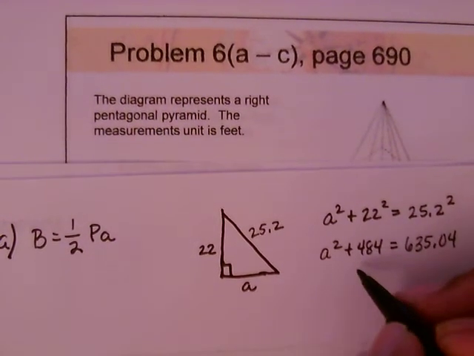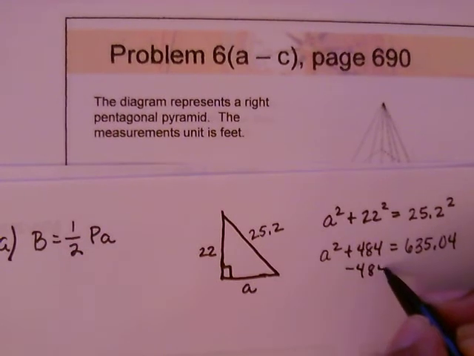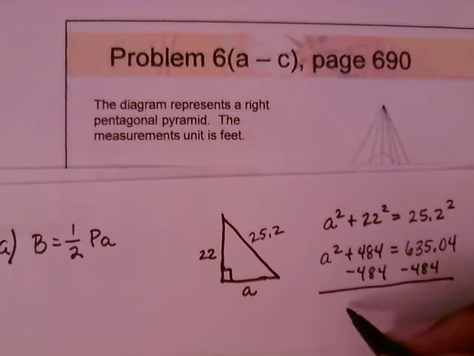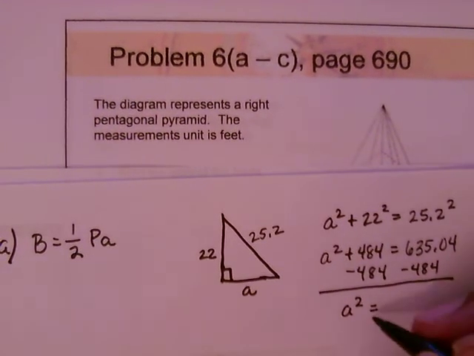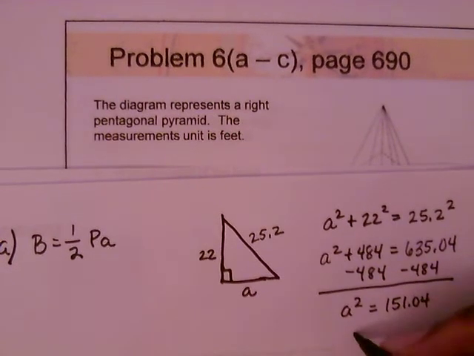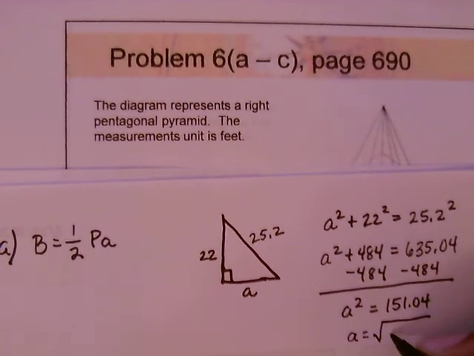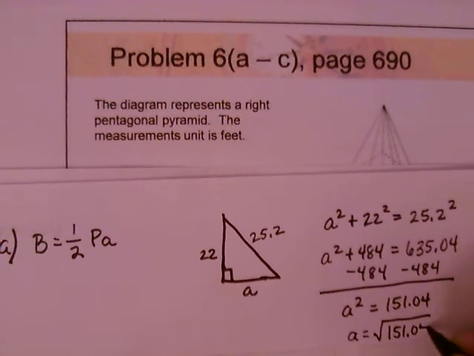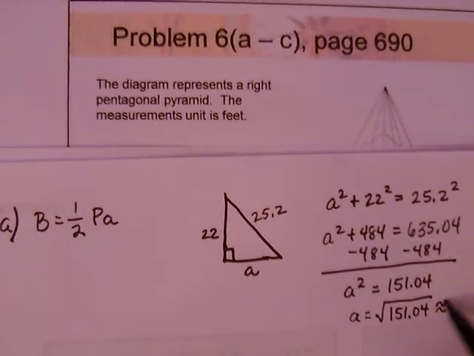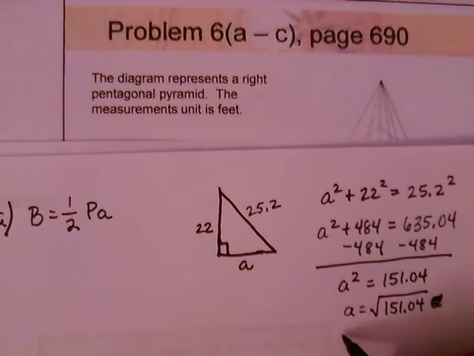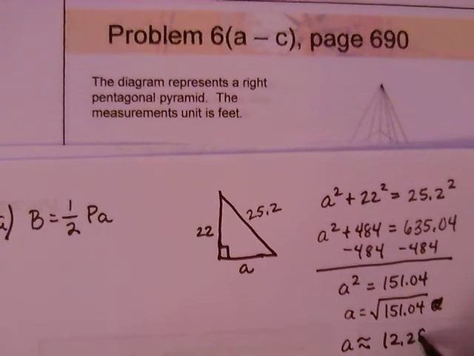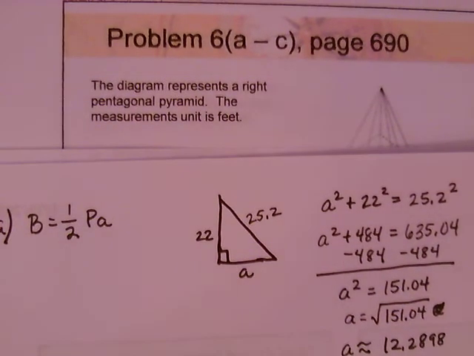So if I subtract 484 on both sides, this will be a squared is equal to 151.04, and a has to be the square root of that, which will be approximately 12.2898 rounded to 4 decimal places.